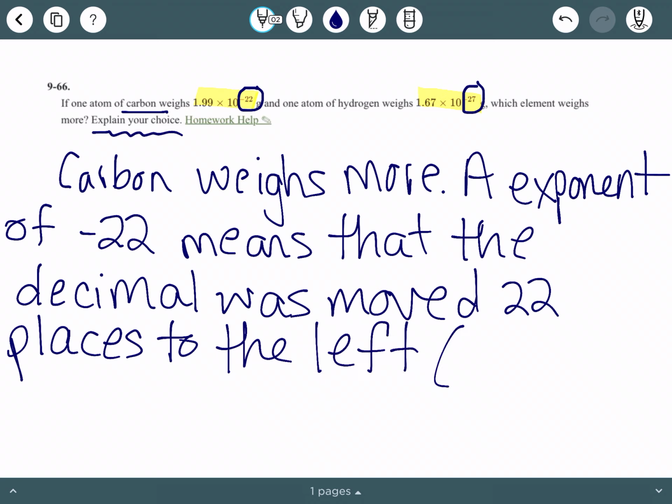And then we could say versus the hydrogen, so let's say versus 27 places to the left for hydrogen.